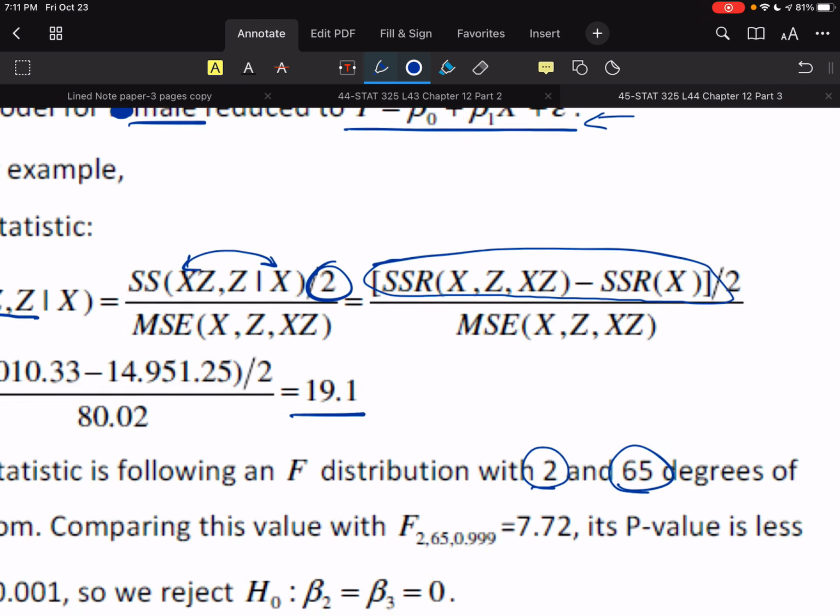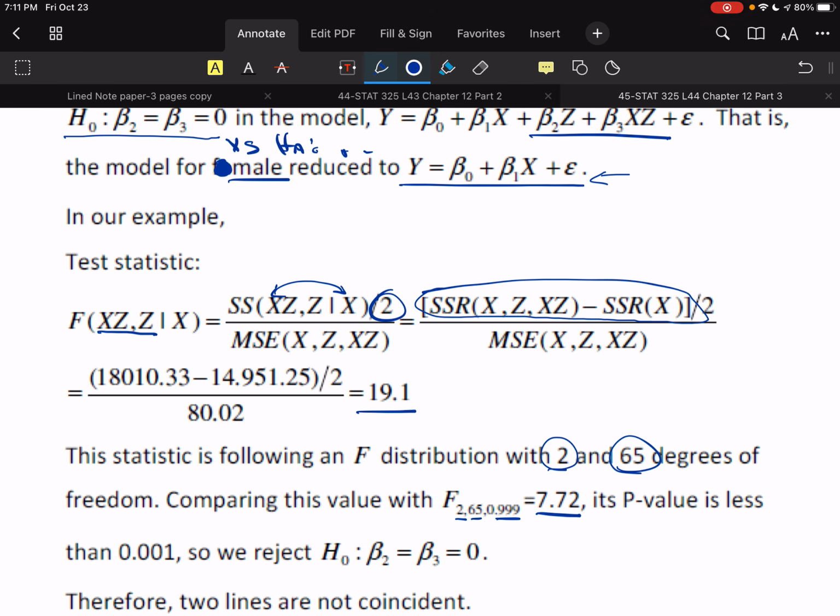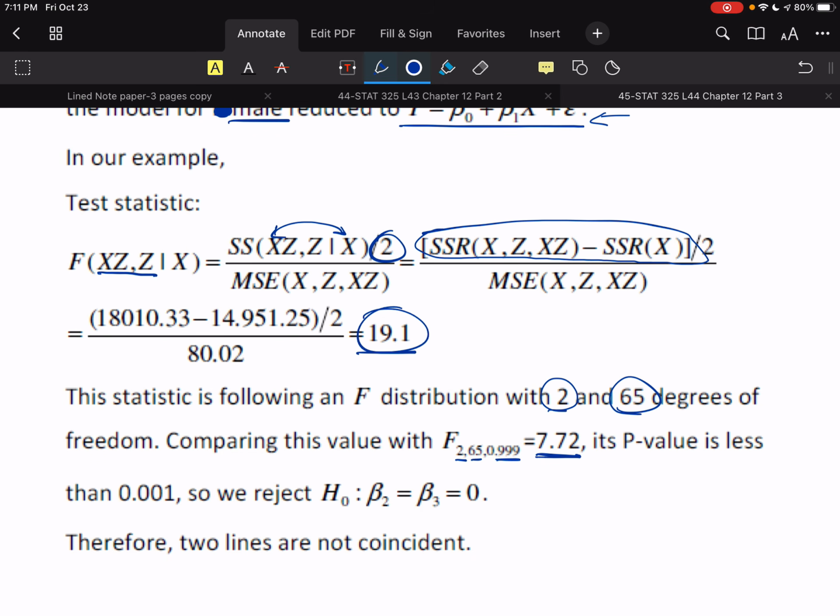We can compare this with the critical value that we have in our F tables, so 0.999, 2 and 65, that's 7.72. And so since 19.1 is bigger than this, we can say the p-value of the test statistic is less than 0.001. Therefore, we're going to reject the null hypothesis.